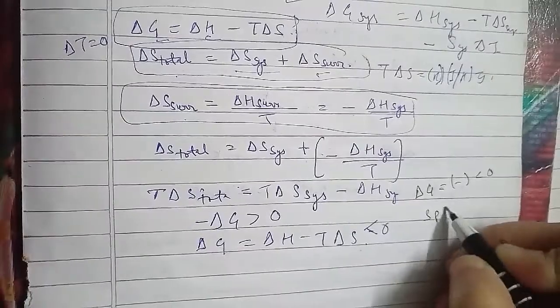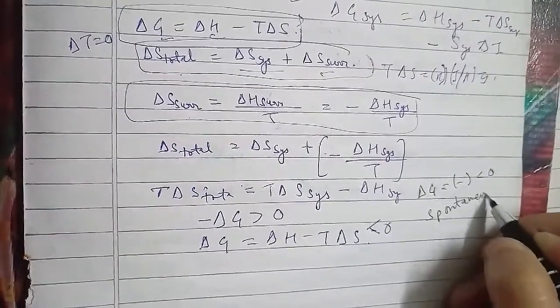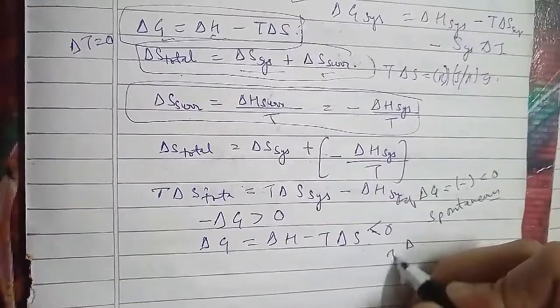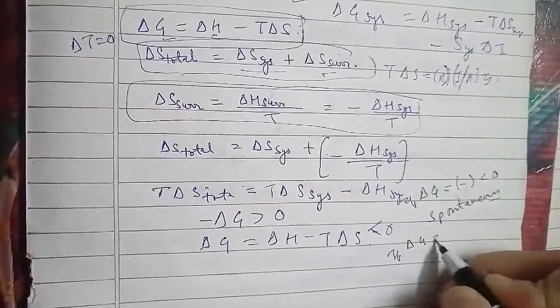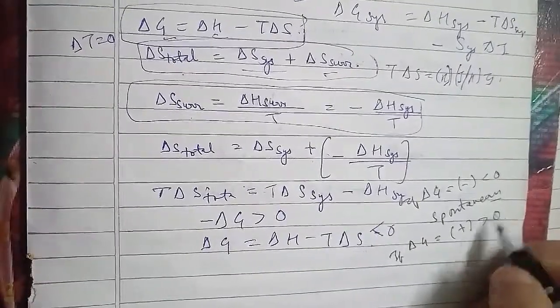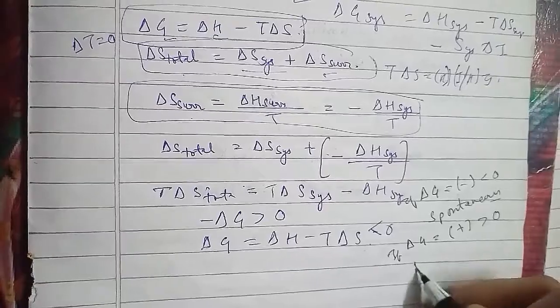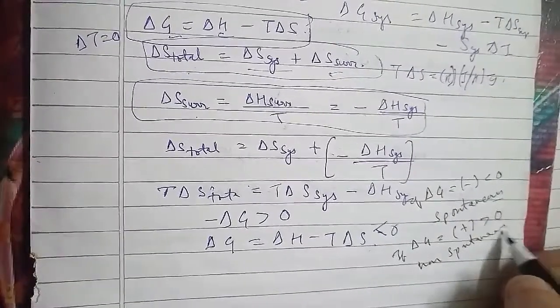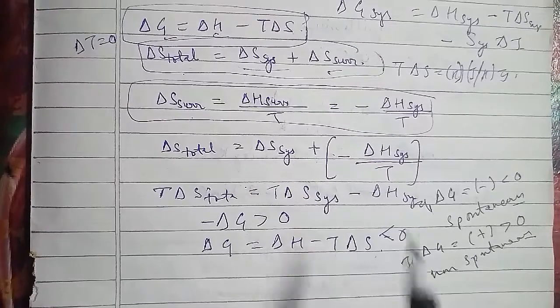And if delta G is positive, that is, greater than 0, then the process is non-spontaneous. Okay, so you have to understand this, and you can just write it down.